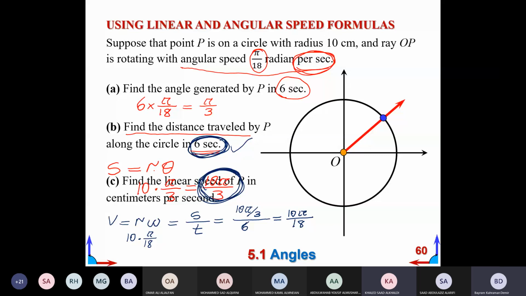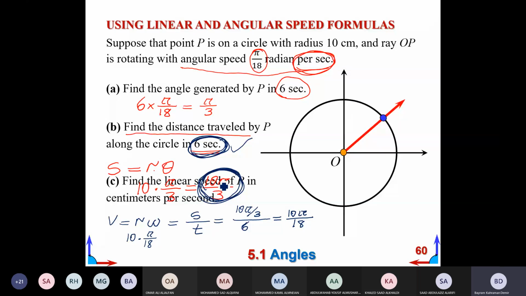Can you repeat it, doctor? If you go 300 kilometers in 3 hours, what is your speed, Shabab? 100. So what did you do, Shabab? Divided by 3 hours, like this.